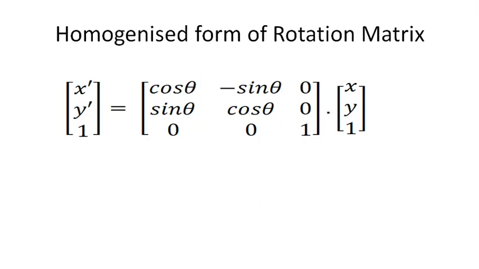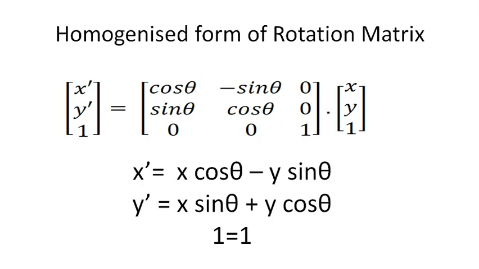If you multiply it out, you will get the same set of equations as in case of ordinary rotation: x dash is equal to x cos theta minus y sin theta, and y dash is equal to x sin theta plus y cos theta. And the third trivial equation, 1 equal to 1, may be ignored.